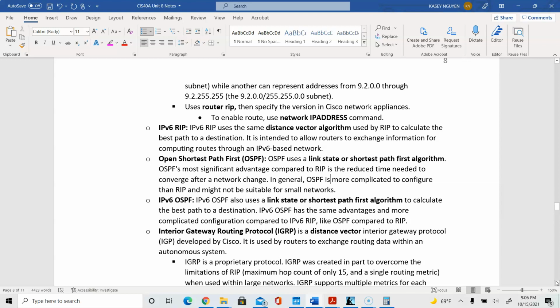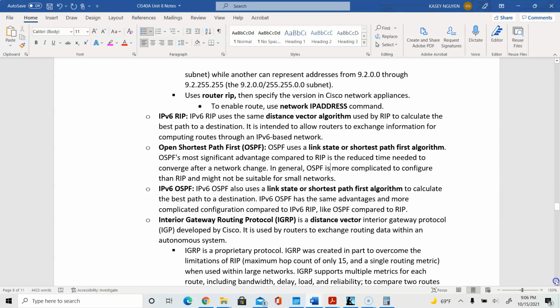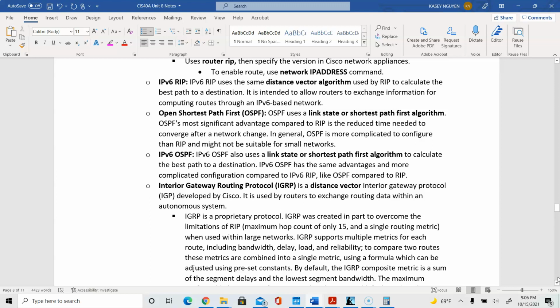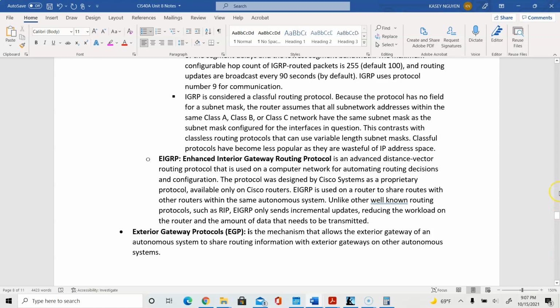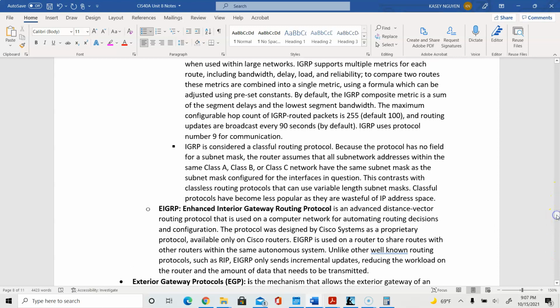Now, another protocol that you can look at is the interior gateway routing protocol, IGRP. This is a distance vector gateway protocol. This is proprietary to Cisco, and they designed this to overcome the limitations of RIP version 1. Now, IGRP uses all addresses within class A, B, and C networks.